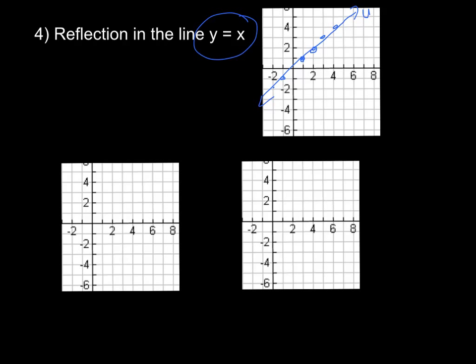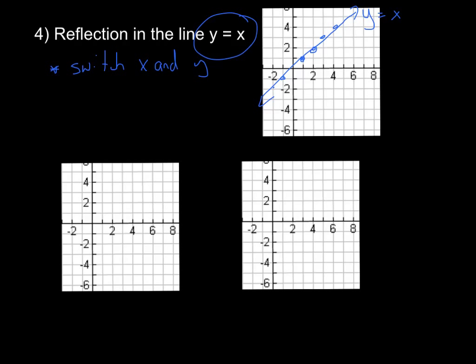All right, that's the line y equals x. To reflect in that line, you don't just switch x's, you don't just switch y's, you switch x and y. You switch your x and your y values.